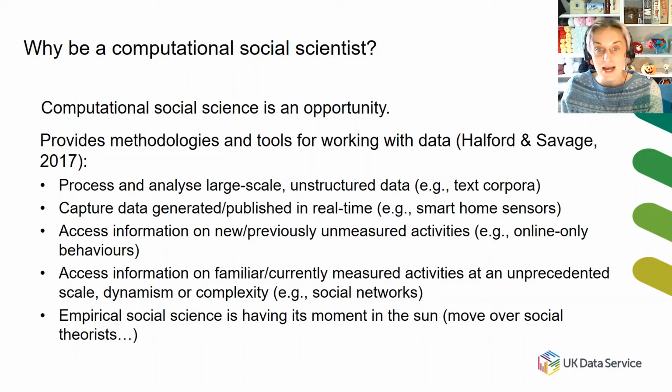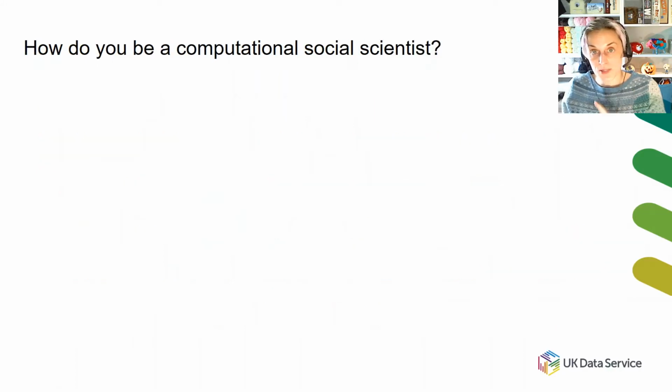Also, how to access information on familiar or existing things, but at different scales or in different ways. And empirical social science is having its moment in the sun. We can use the theories that have been developed and really test them. We can put them to the test, we can modify them, we can generate them, we can do some interesting things. So the question is how?